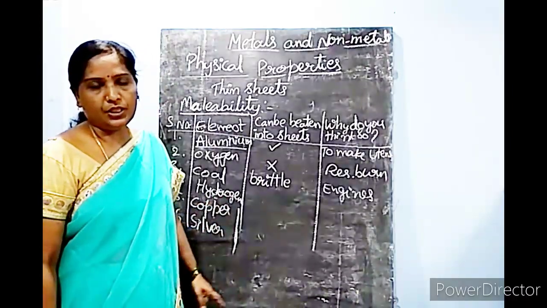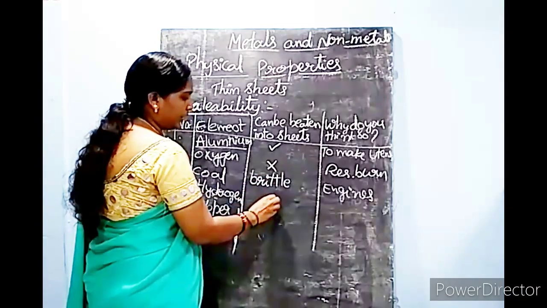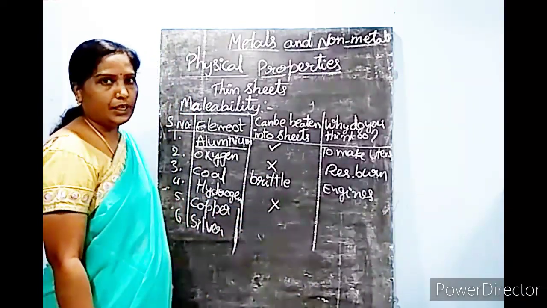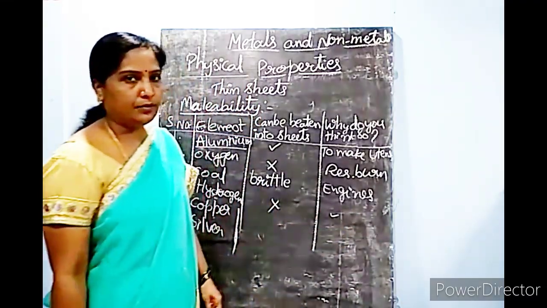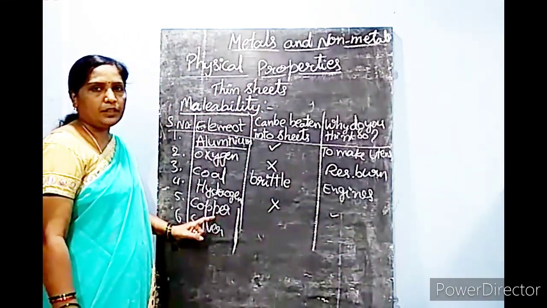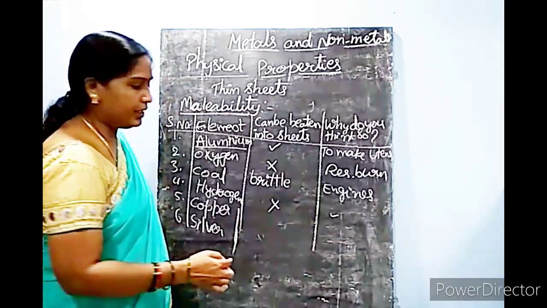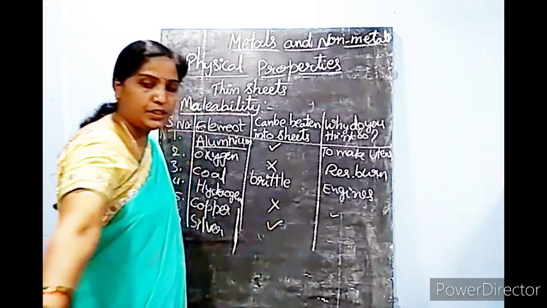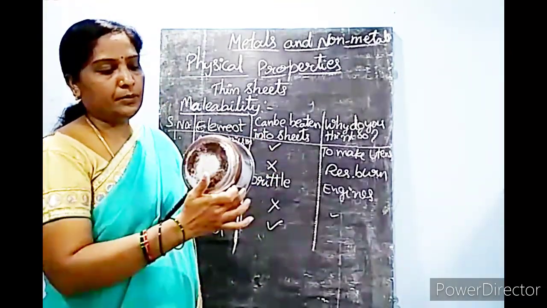And then hydrogen. Hydrogen is also in gaseous form and cannot be spread into sheets. And what we use it for, you know very well. And copper. Copper can spread into sheets. Is it showing the property of malleability? Yes, that's why just now we saw the copper-bottomed vessel.